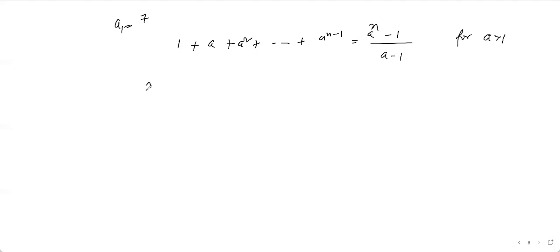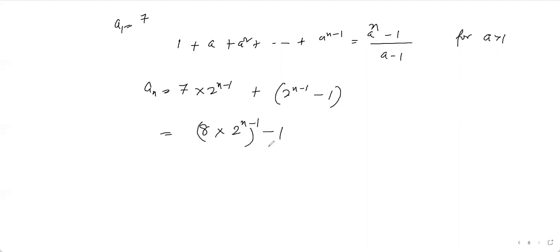So an will be 7 multiplied by 2 to the power of n minus 1, plus 2 to the power of n minus 1 minus 1, which results in 8 multiplied by 2 to the power of n minus 1, minus 1. So this is the explicit definition for the given sequence.